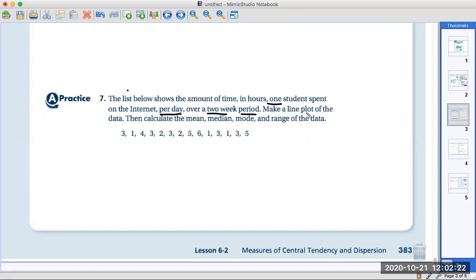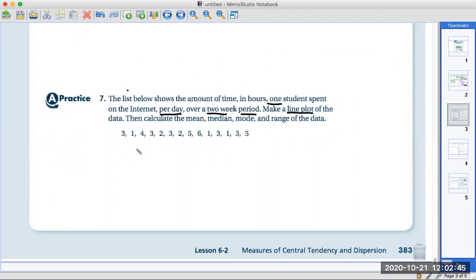Make a line plot of the data. The line plot is the same one we just did with all those X's that are stacked on top of each other, right? So that's the first thing. And then after that, we still have to calculate the mean, median, mode, and range. So 2 parts. First, the line plot.